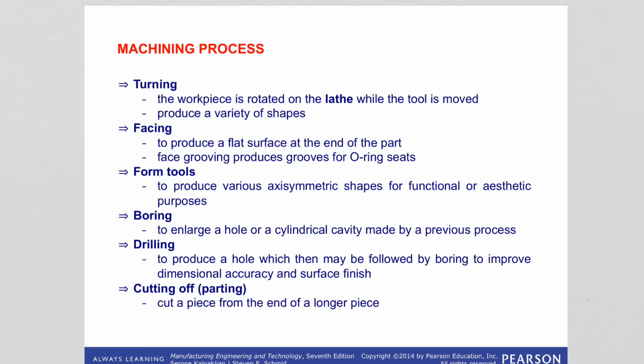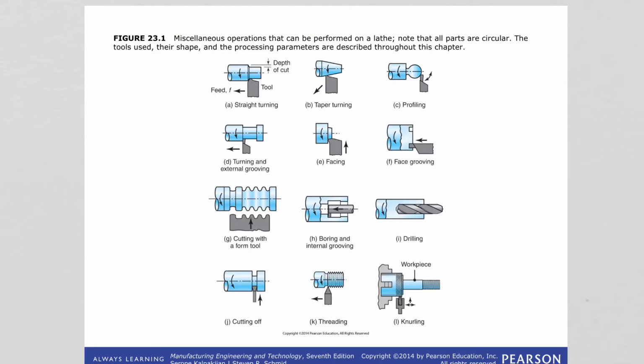Another process is facing. Facing is done to produce a flat surface at the end of the part. Here you are seeing facing, E and F. We are seeing it producing a flat surface at the end of the part. And in image F, we are seeing face grooving.